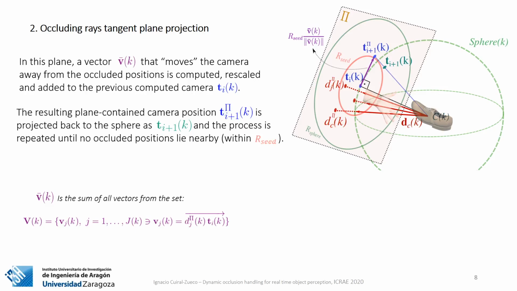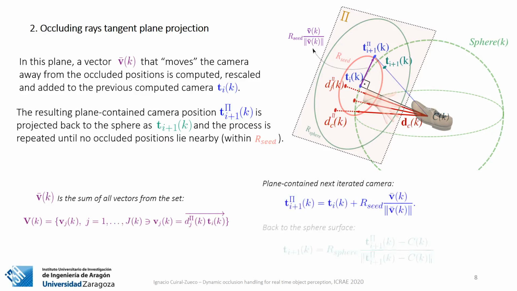Therefore, if I analyze those projected occlusion rays that lie within a circle of R seed size, I can move away the camera from the occluding element and get a new position, which in this case is t sub i plus 1. And then this position, which was contained in this tangent plane, can be brought back to the sphere surface, so I can repeat the process until no occlusion points lie within an R-seed circle.